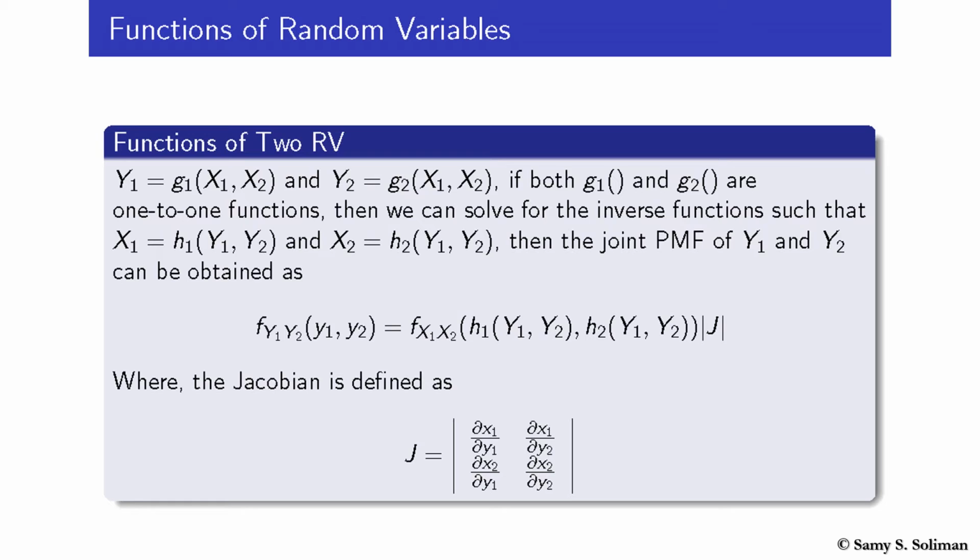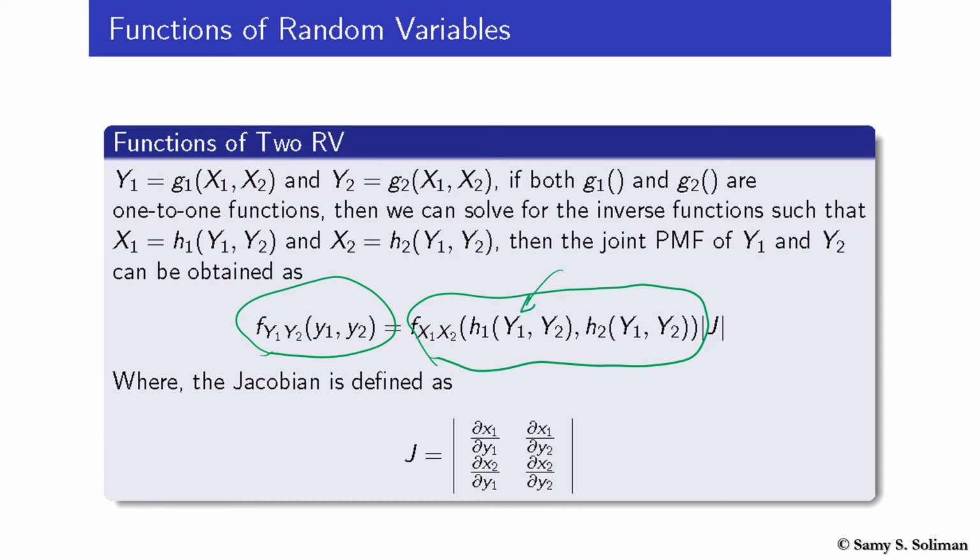For the case when we have two random variables, we follow the same approach. So we have y1 given as a function of x1 and x2. Similarly, y2 is given as a function of x1 and x2. And as we discussed for discrete random variables, the joint distribution of y1 and y2 is equal to the joint distribution of x1 and x2.